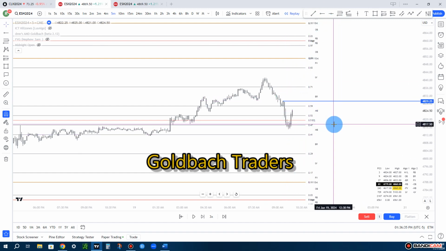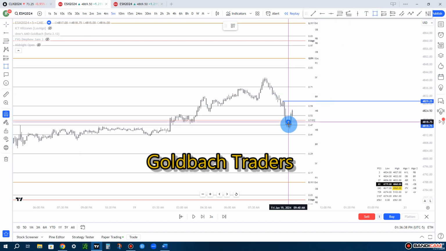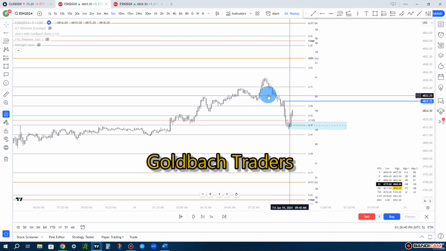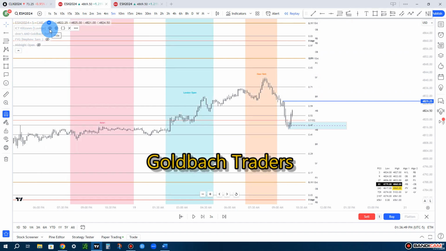Then I would look to see if we could get a retest back in this area to go long. The other reason why I'm looking at this is that this is in the kill zone area, or it's about to be. But let's forward it and you'll see what I'm talking about.